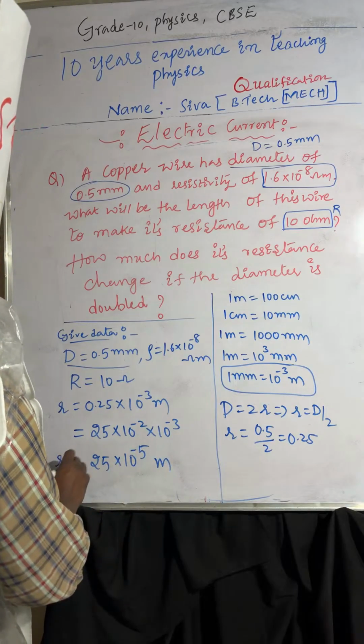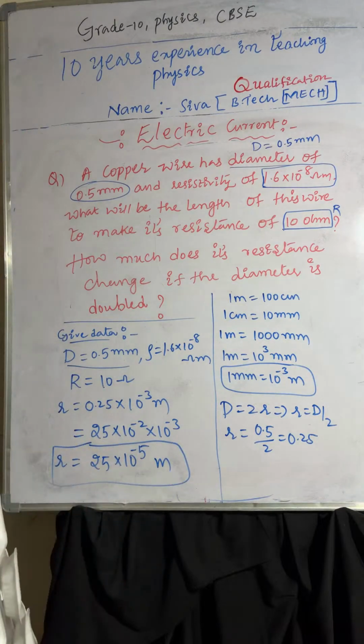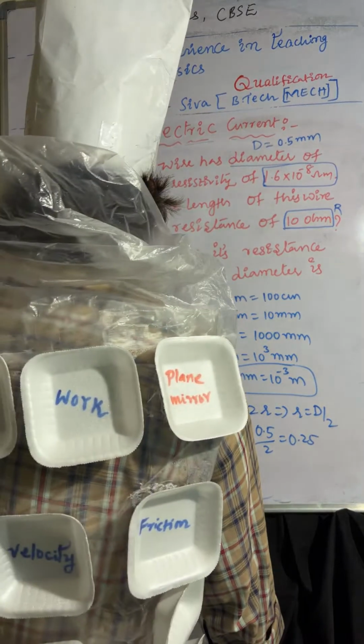So that is radius. So radius of curvature, radius 25 into 10 power minus 5 meter. Understood or not? So that's enough.